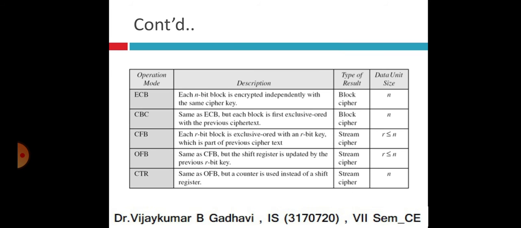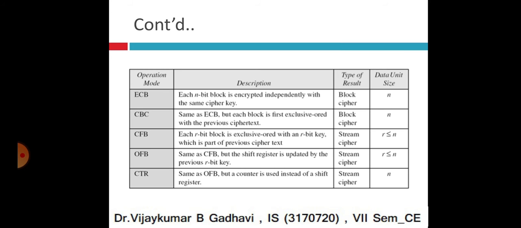Here we see in a table the various operation modes we have already learned, to help memorize the equations and descriptions and what kind of result we get from each mode. ECB: each block is encrypted independently with the same cipher key.